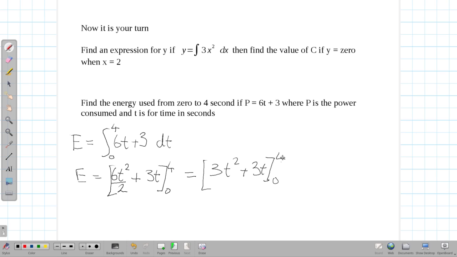So therefore E will equal, substituting in my values, 4 into t, so that's going to be 4 squared 16, 3 16s is, what will it be, 48. I'm good at this maths. 48. Plus 3 times 4 is 12.